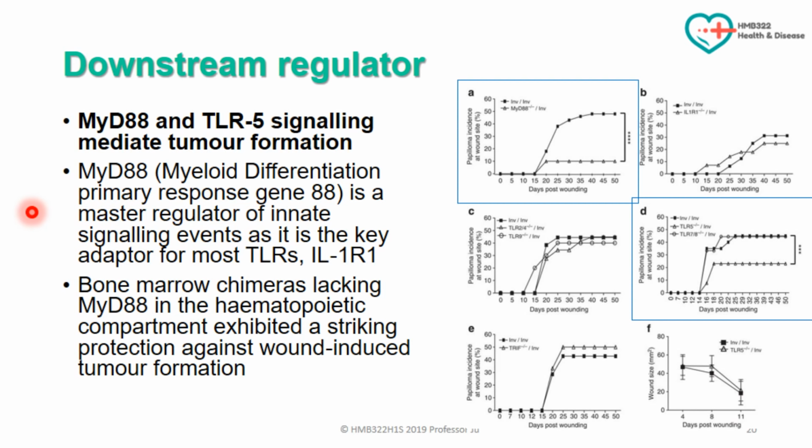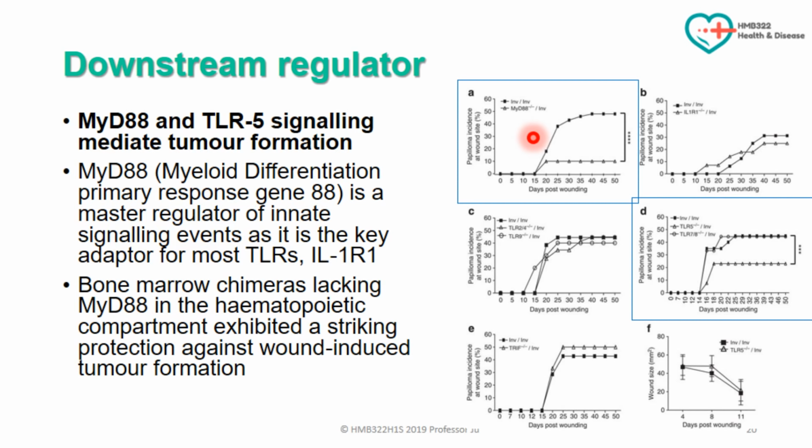You would hypothesize, as the authors did, that if this is important for sensing on the immune cells, by knocking it out in the white blood cells, through knocking this out in the bone marrow, you would see exactly the same type of response that you did when you knocked out TNF receptors 1 and 2.